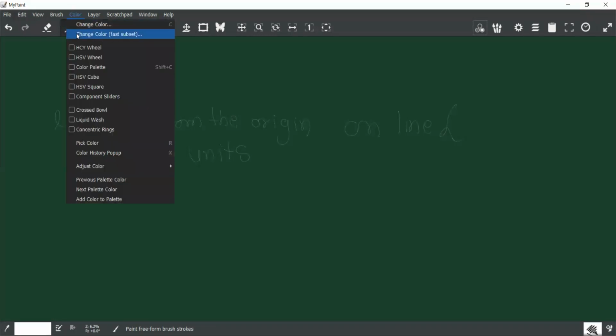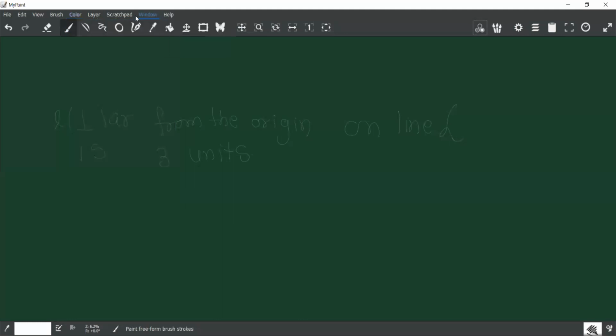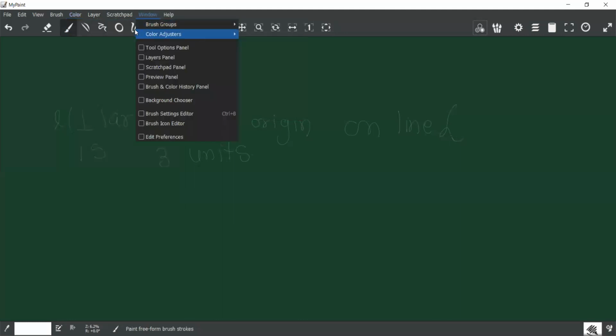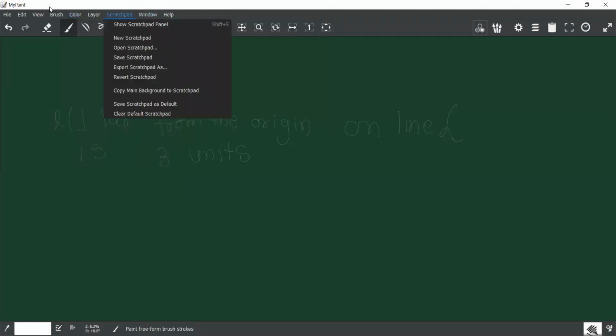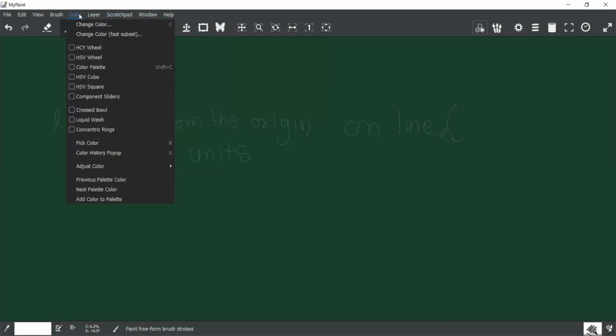Which color should I take? I think this is fine. Red color.